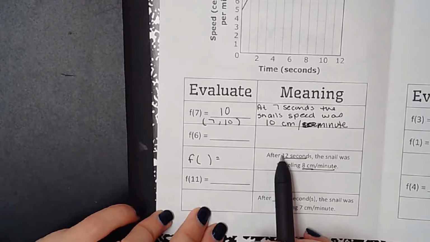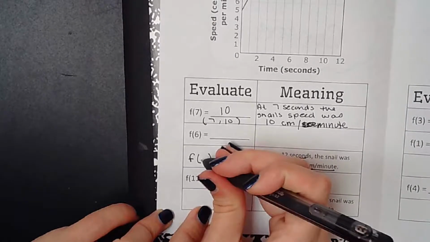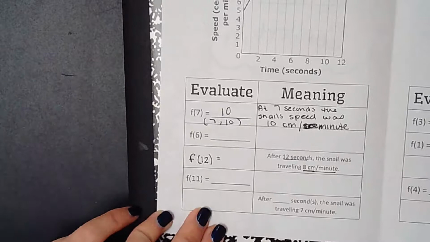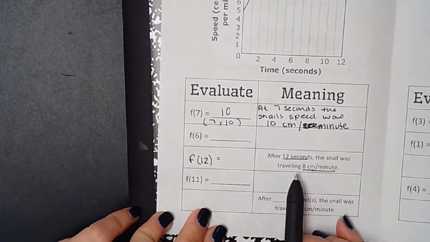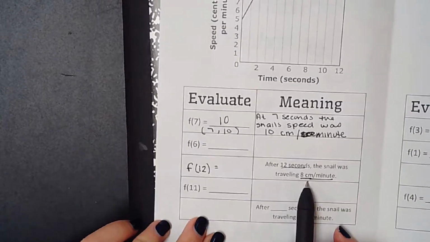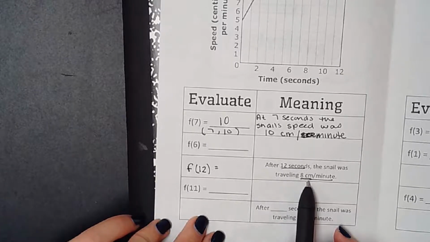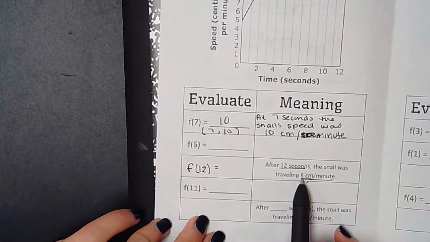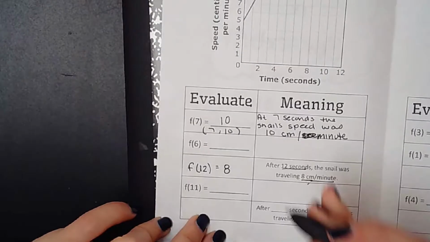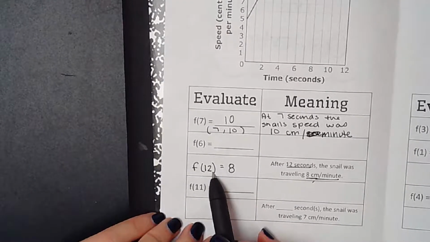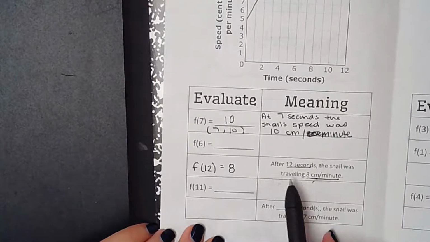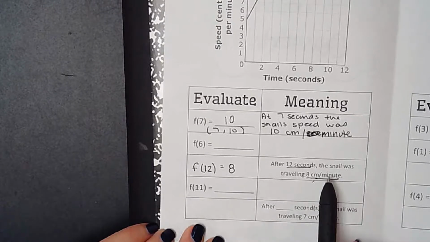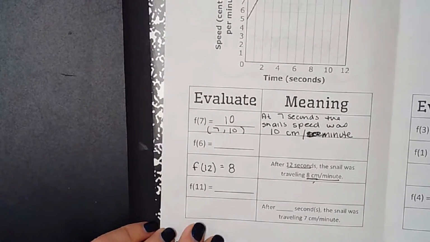So if they're saying he's traveling 12 seconds, 12 is my x value. His speed is the y value. So if he's traveling 8 centimeters per minute, that 8 is the y value. So f of 12 equals 8 means that at 12 seconds he was traveling 8 centimeters per minute.